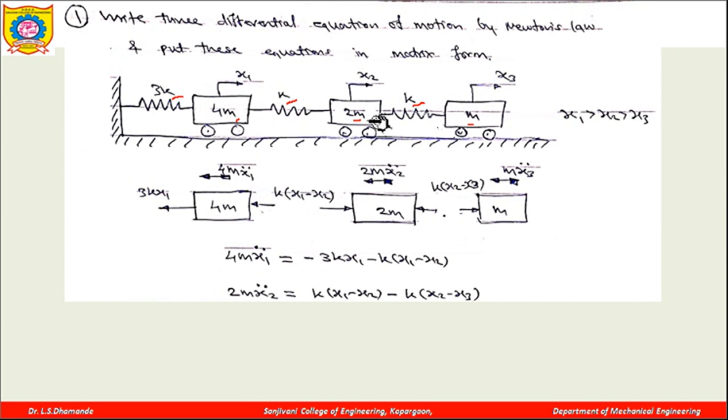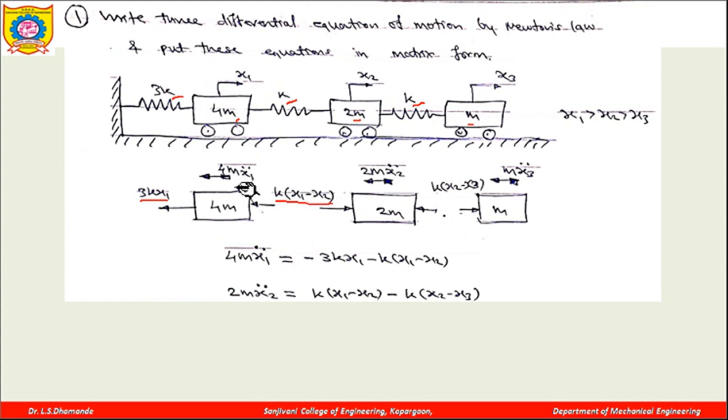I am considering x1 is more than x2, so this spring will be under compression, and its reaction will be towards left. So the force over here will be 3k multiplied by x1, and the force over here will be k into (x1 minus x2), because x1 is greater than x2, so the difference of the two is the reaction of the spring k.